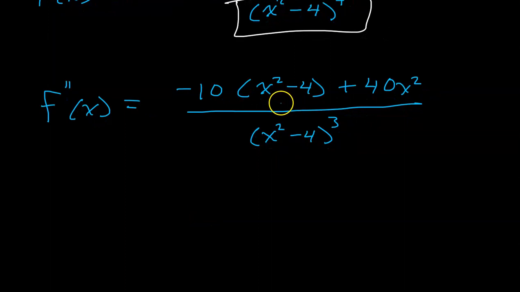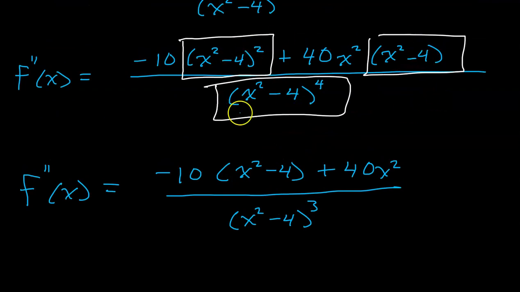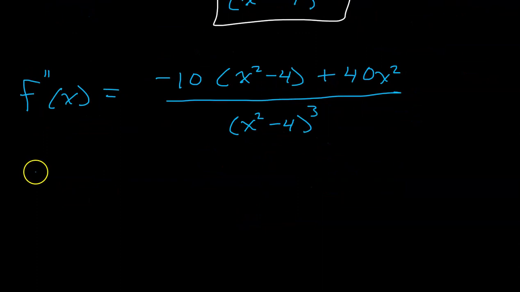Okay, so now I guess I will go ahead and do the distributive property now that I've canceled out my GCF from all terms. So I'll do the distributive property.